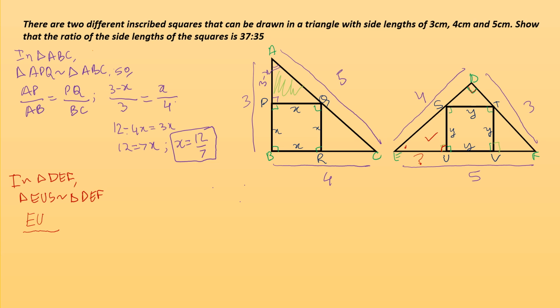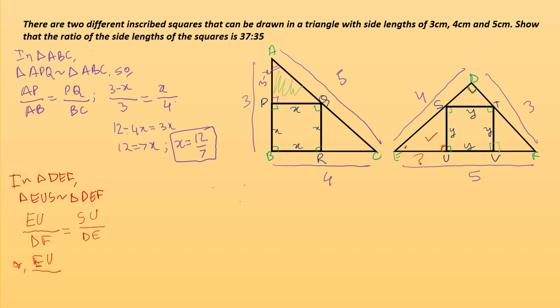So if I say EU out of DF, that equals SU out of the other side, which is DE. So EU, I keep as it is because I don't know what that is.